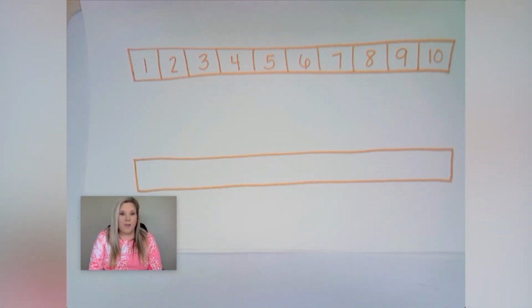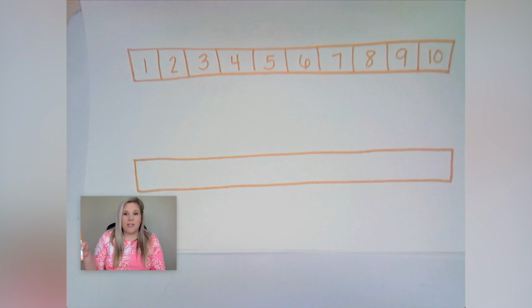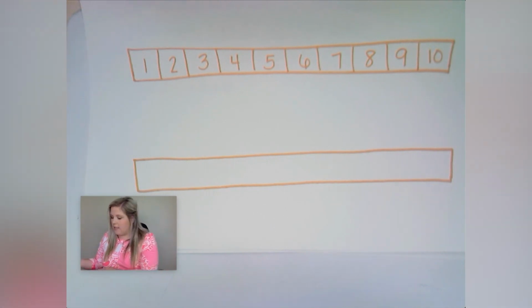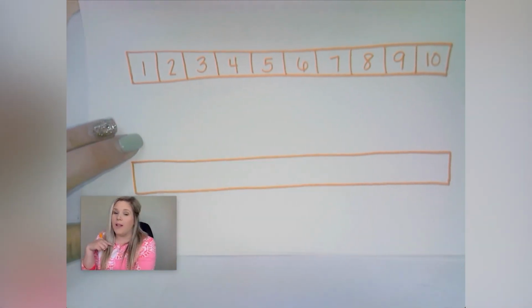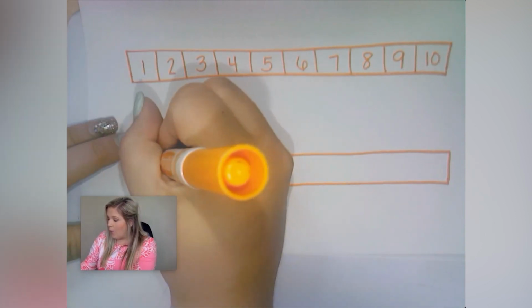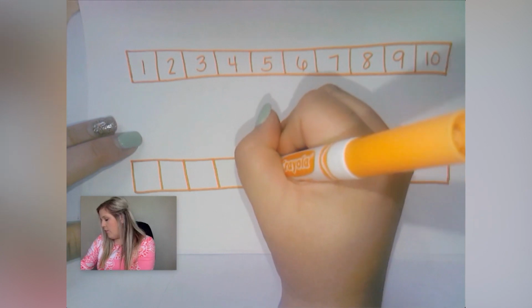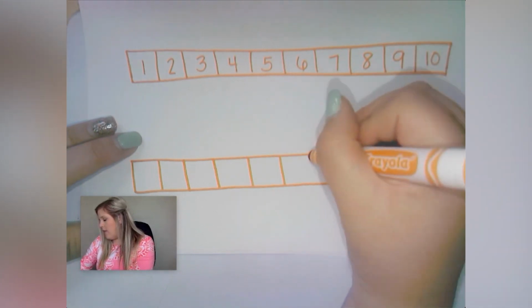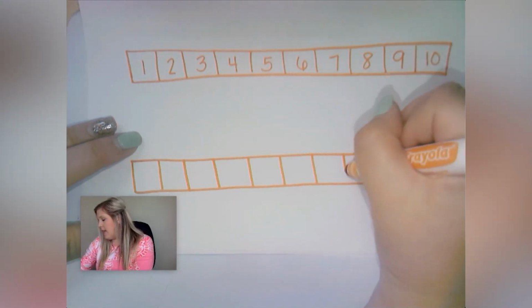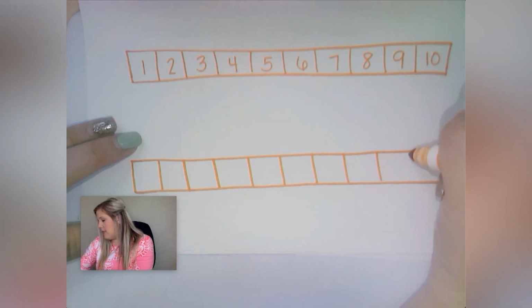Excellent. What do we do next? We add our 9 vertical lines to create our 10 spaces. You do yours while I do mine. 1, 2, 3, 4, 5, 6, 7, 8, 9.